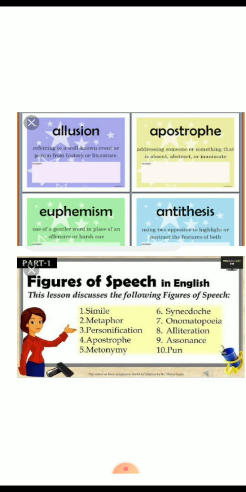So I hope all these explanations are clear to you, and there are some more examples or kinds of rhetoric, that is figure of speech, such as metonymy, synecdoche, climax, anticlimax, and many more. You will find them out, and I hope you will read them as well.